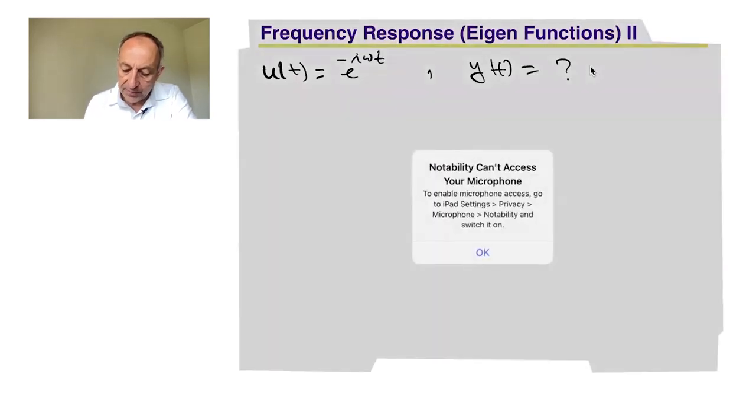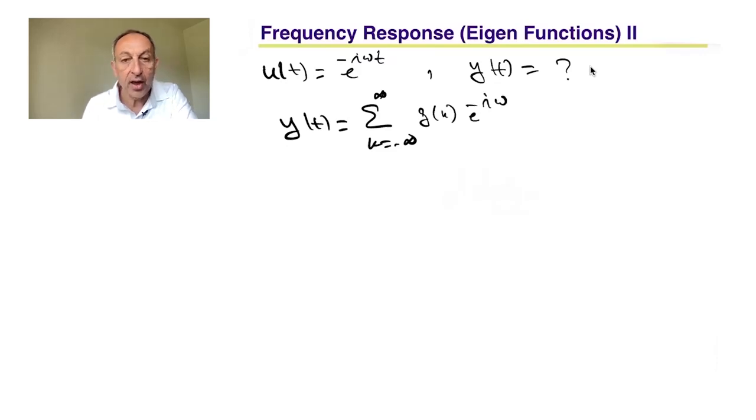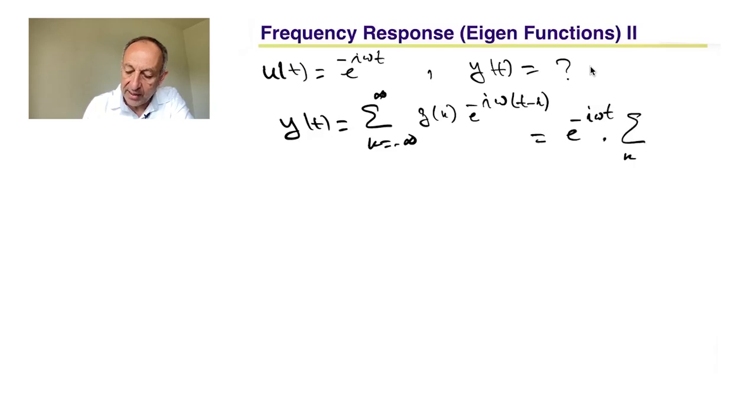So the output y of t is going to be the summation from k equals minus infinity to infinity of g of k times e to the minus I omega of t minus k. That's the formula for convolution. With a simple manipulation, I can write this as e to the minus I omega t times the summation over k of g of k e to the plus I omega k, just by taking out the expression that doesn't depend on k.